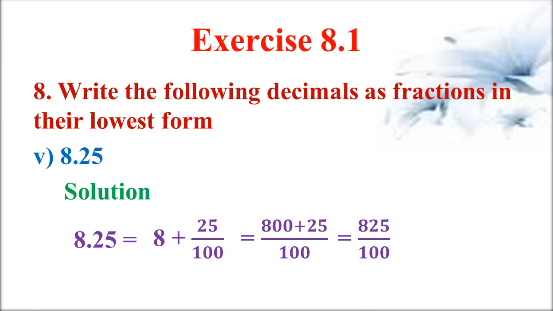When you add the numerator, 825 divided by 100. Now we are going to simplify this answer, isn't it? Then we find the HCF of 100 and 825. The HCF is 25. So how many 25s are 825? That is 33. Then 4 25s are 100. Is there any common factor? No. So we can write 33 divided by 4. That is the lowest form.